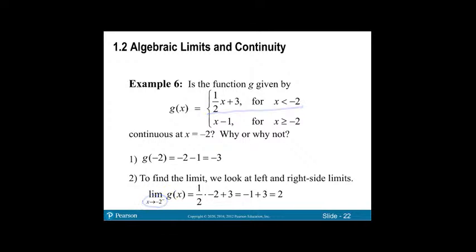I mean, I really did just plug in -2, but if you're not convinced with that, you can make a table and look at -3, -2.5, -2.1, -2.01, and you'll see that coming from the left, it'll approach 2. Coming from the right, it should approach -3.